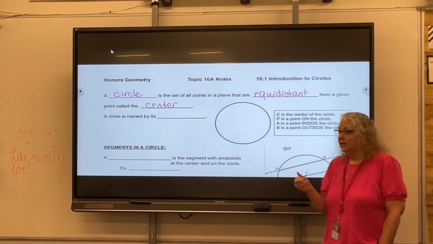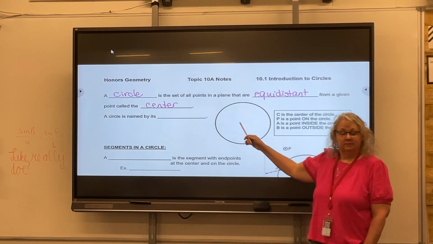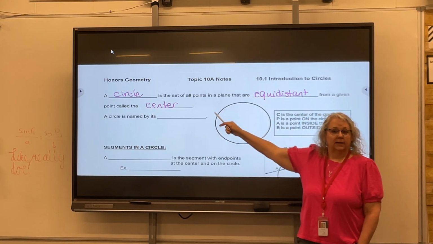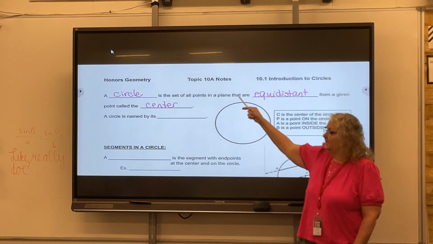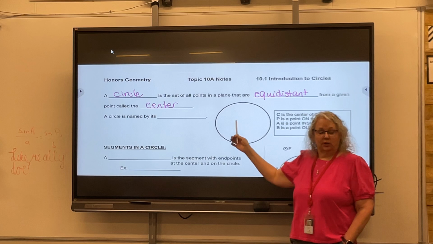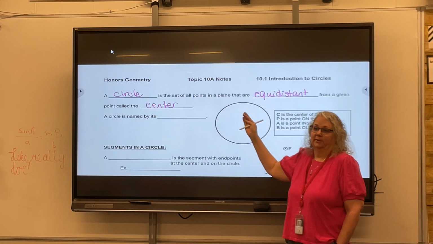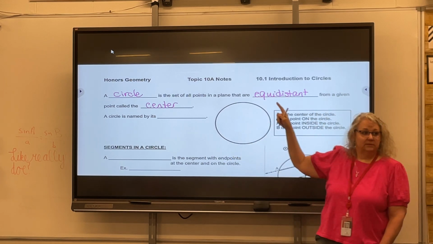It is 2D. You think of a circle, guys, as all the things on the inside. The circle is actually just the, I don't want to call it a line because it's not a line, but the dark part, I guess. The circle is technically not what's inside of it. That's the inside of the circle. The circle itself is just the edge.